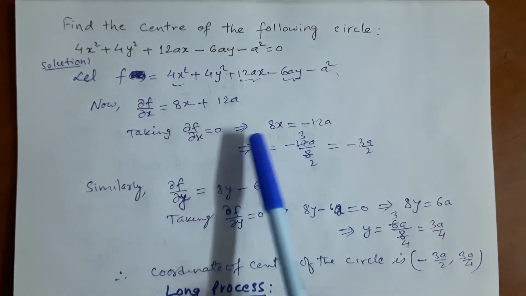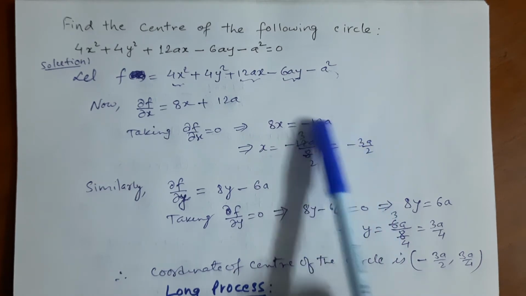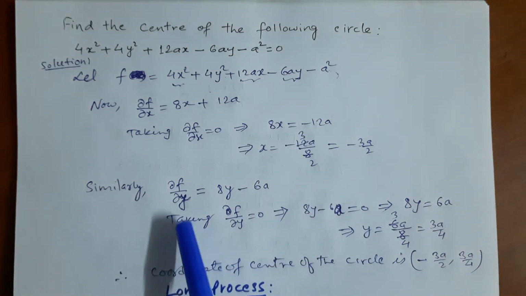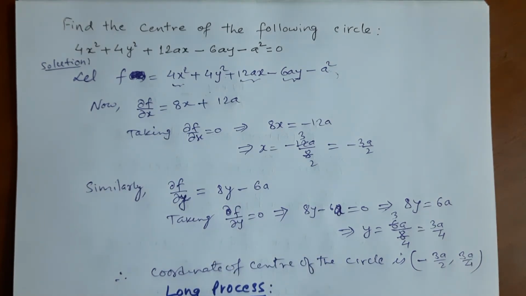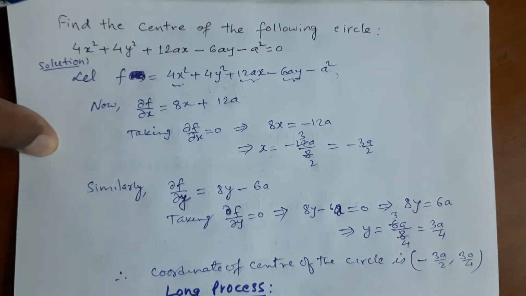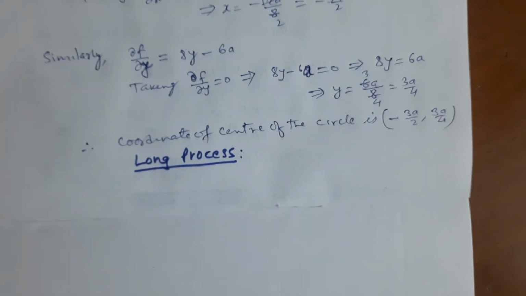Okay, directly this 8x plus 12a equal to 0 we can equate, and directly we can find the answer. No need to show detail, because while solving multiple choice questions, process is not taken into consideration. So directly it can be solved and we can find the center of the circle.